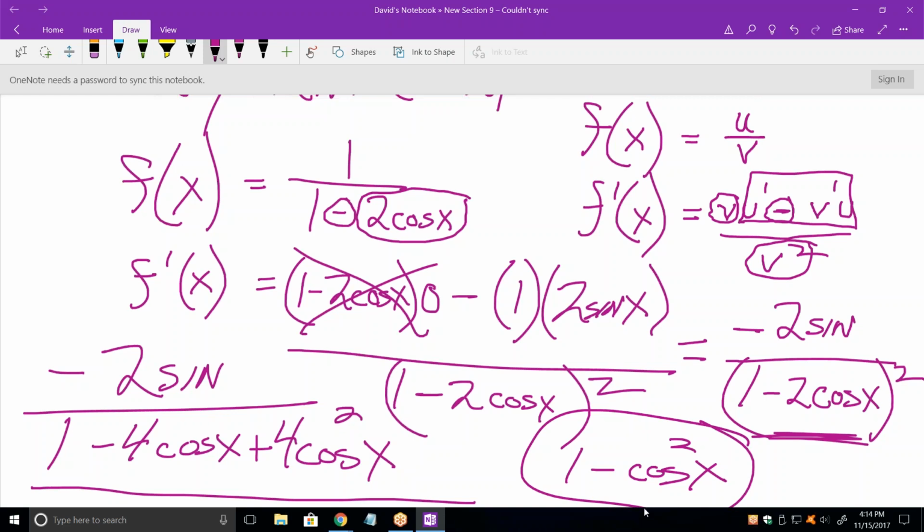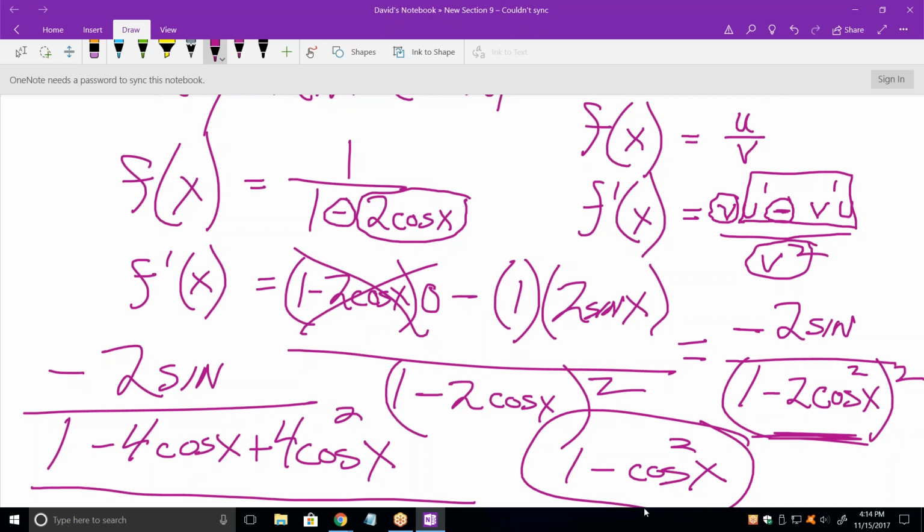Thinking. Are there any other trig identities that look like that? Actually, if that was squared there, then that is the identity for the cosine of 2x. But that doesn't really help things.